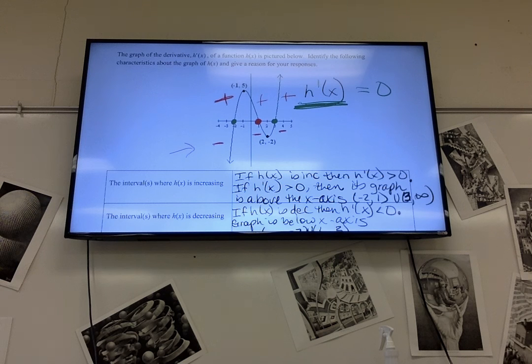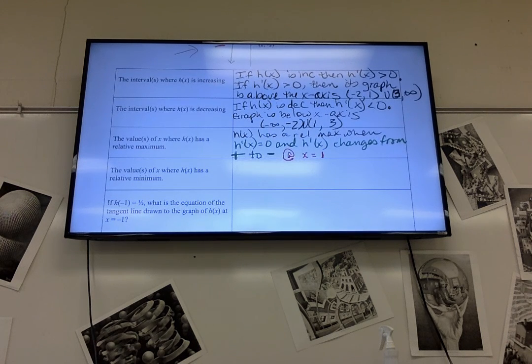So what would be your relative mins? Negative 2 and 3, because they're at 0 on h prime of x, and the graph is going from negative values to positive values. So, h of x has a relative min when h prime of x equals 0 and h prime of x changes from negative to positive.